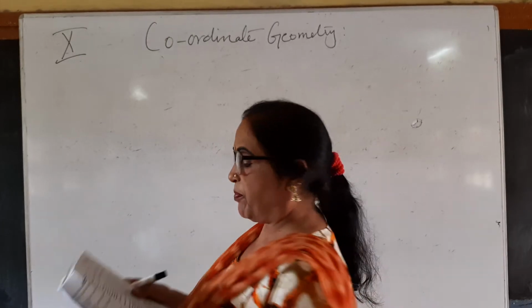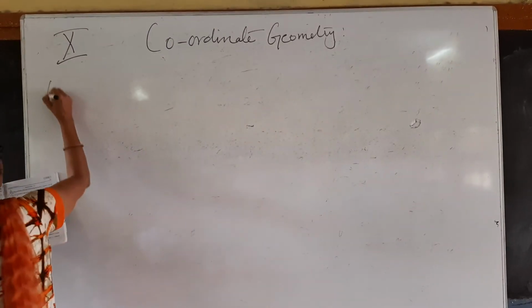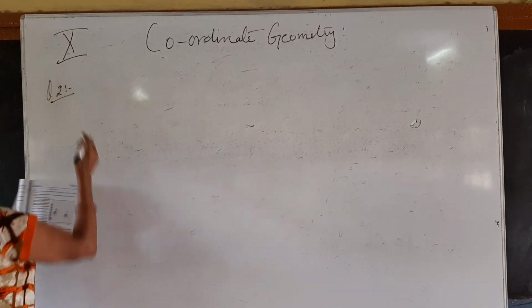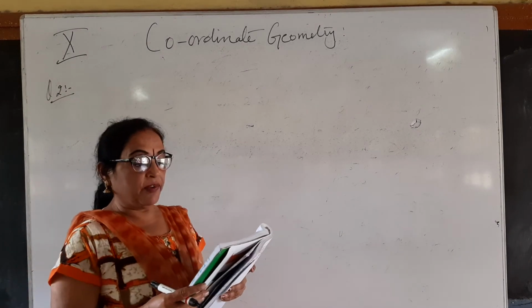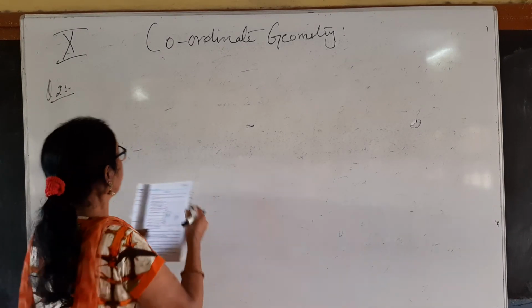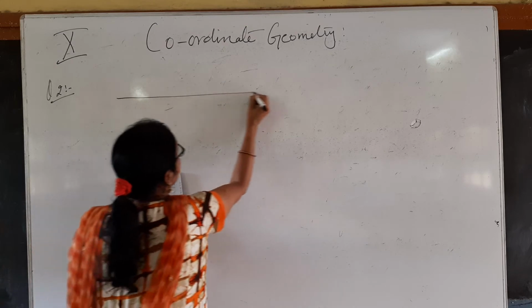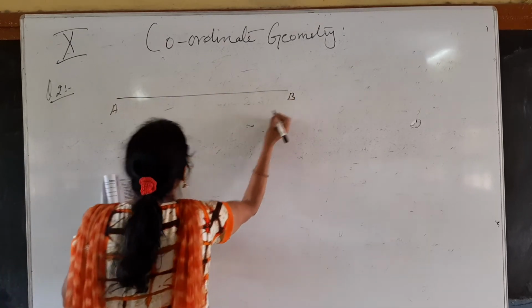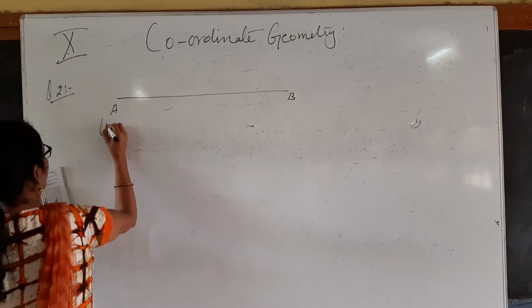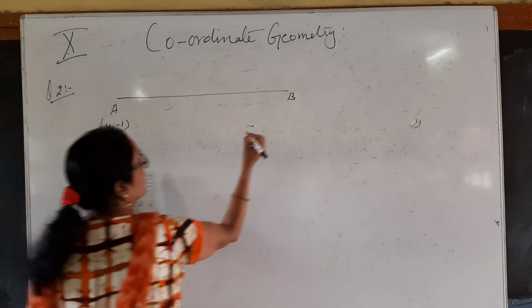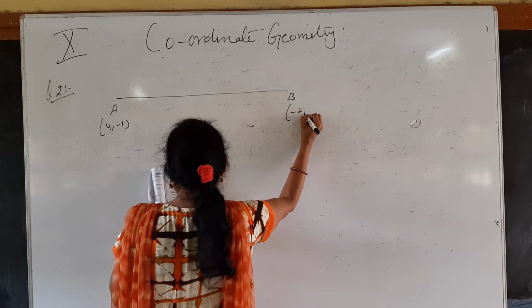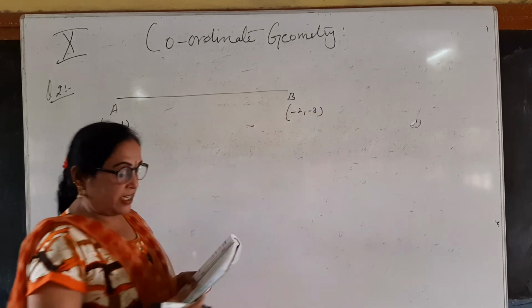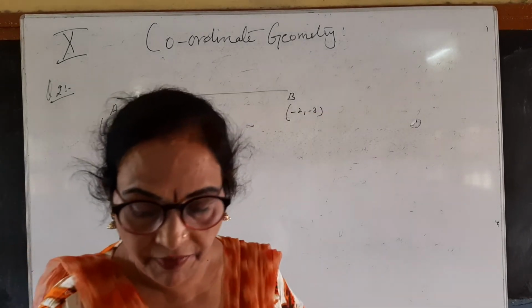Find the coordinates of the points trisecting the line segment. One line is given, AB, with coordinates A (4, −1) and B (−2, −3).